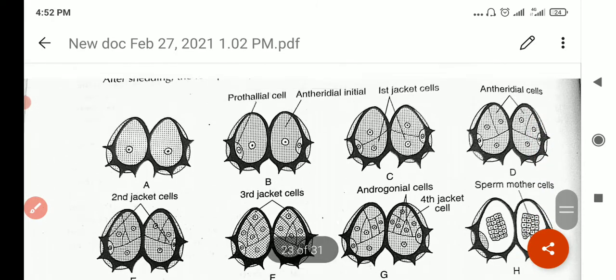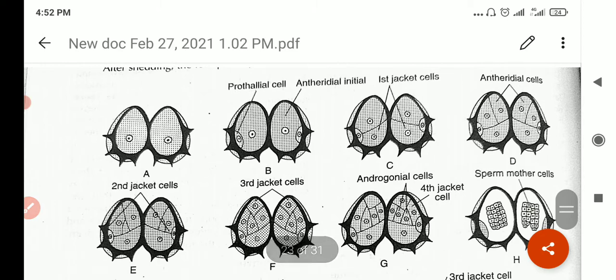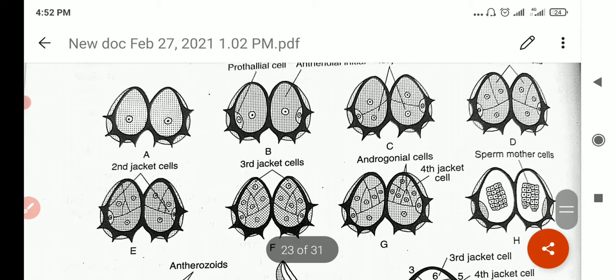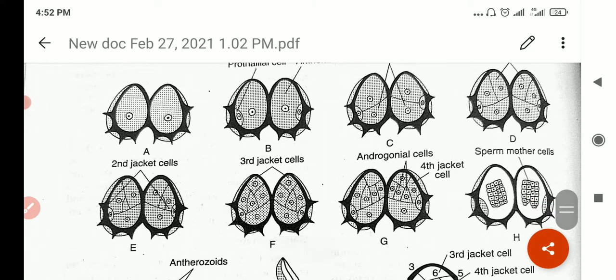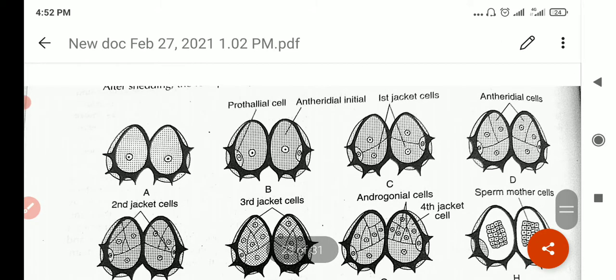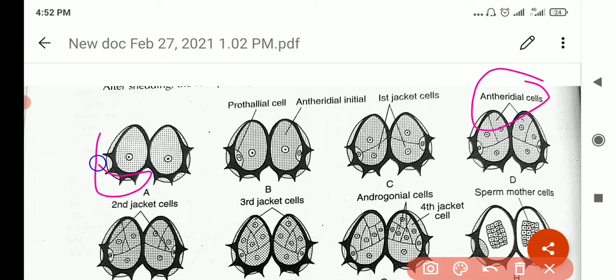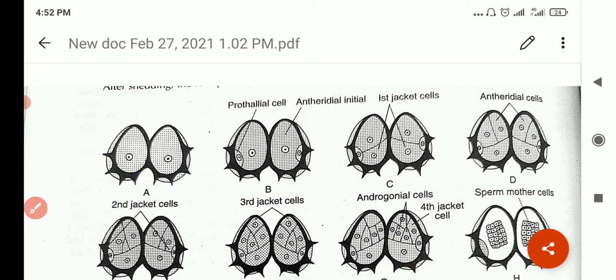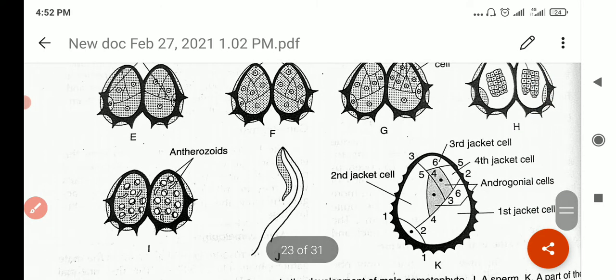The diagram looks complicated, but it's easy actually. They have just cut it open, and this sharp crown you are seeing is the exine. The diagram is not as tough as it looks. It's very easy once you understand.